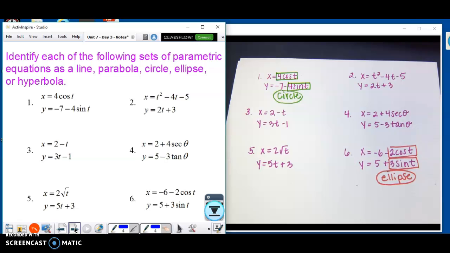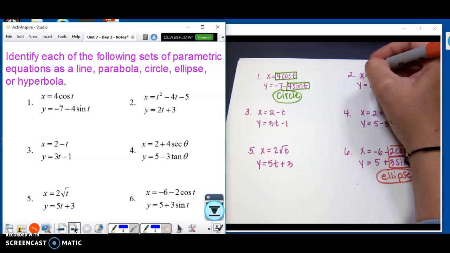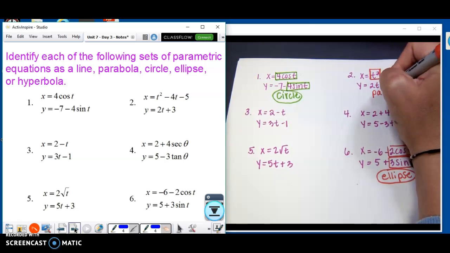So back to number 2. If you look at number 2, there's no sine, cosine, secant, or tangent. So it's not going to be a circle, ellipse, or hyperbola. It's either going to be a line or it's going to be a parabola. So remember, lines just have x's and y's, whereas in a parabola, one of the terms is going to be squared. So keeping in mind, because this has this t squared here, this is going to be a parabola.